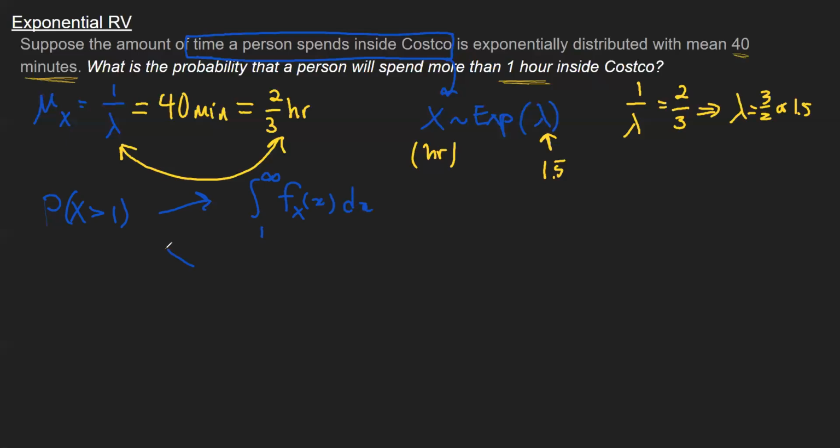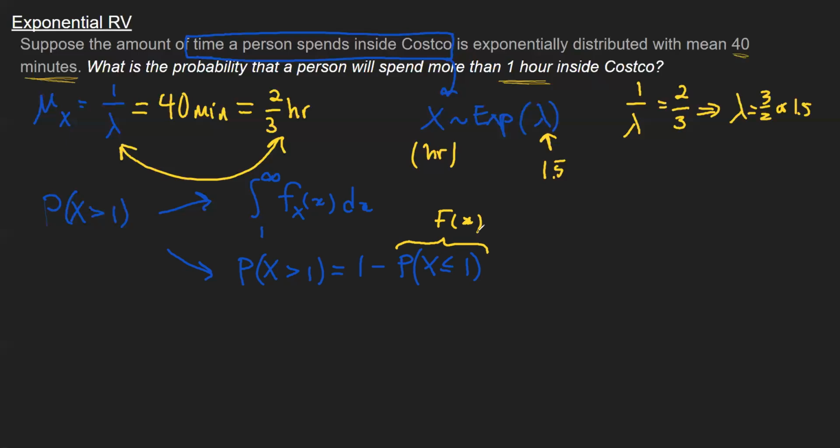Or we could take advantage of knowing that the probability that x is greater than 1 is equivalent to 1 minus the probability that x is less than or equal to 1. Now, why do I want this? I want this because the less than or equal sign, this is nothing more than my Cdf value, which is the uppercase F.